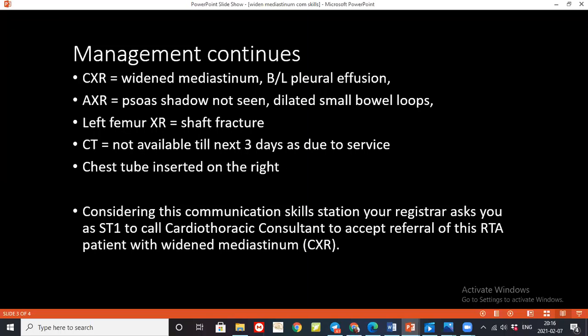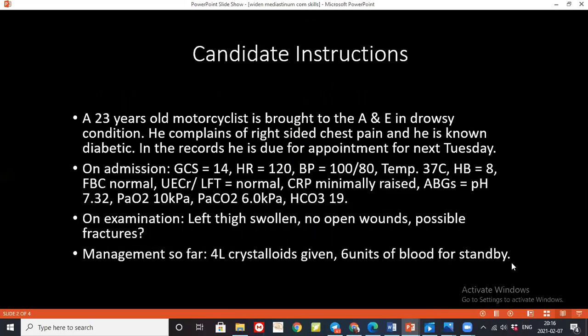Okay, then how will you manage the patient, your approach in general? I would manage the patient according to the ATLS protocol. Start fluid resuscitation, monitor blood pressure, urine output, pulse and capillary refilling time.